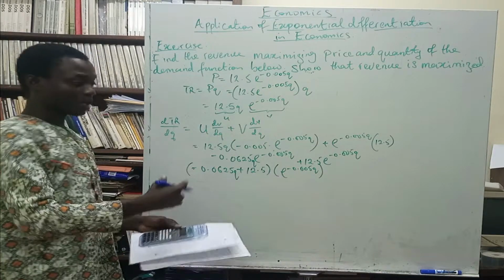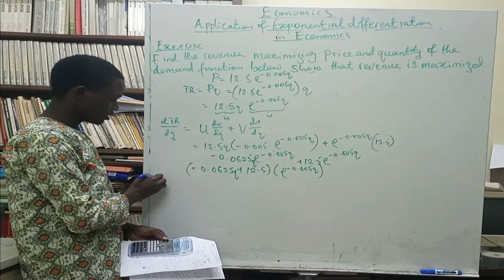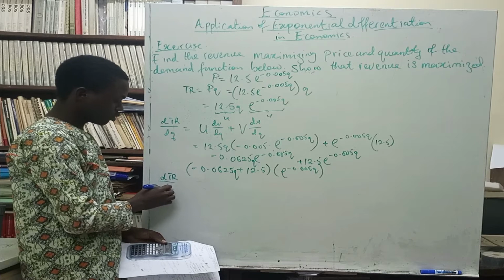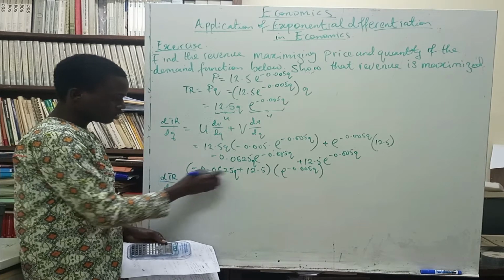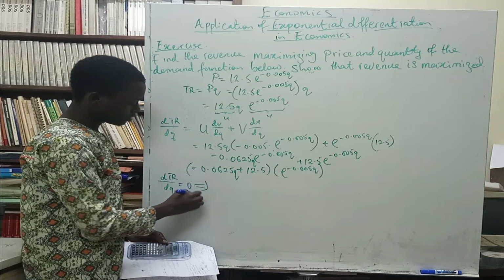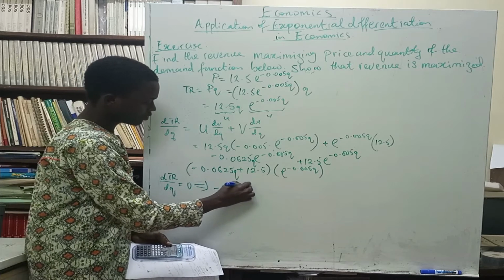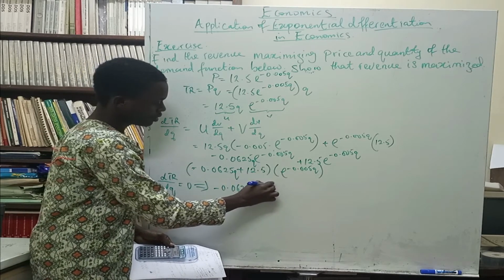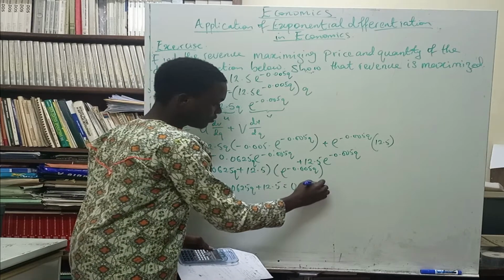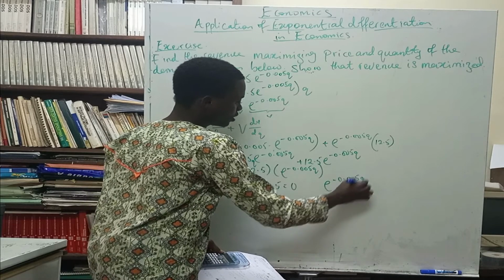To get the quantity, our quantity in this case is the critical point. So what we have to do is set dTR/dQ equal to 0. So we have minus 0.0625 Q plus 12.5 equals 0, and then we also have e raised to power minus 0.005 Q equals 0.